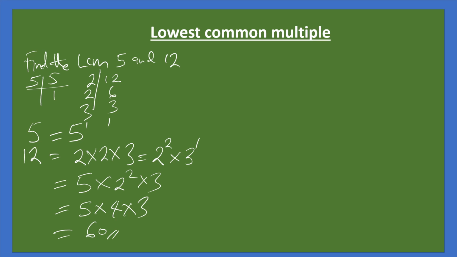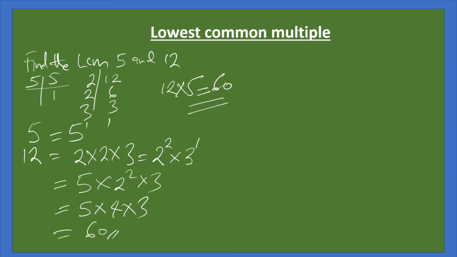And if you look at the product, 12 times 5 is equal to 60. Now, what does this tell you? That because they don't have a common prime factor, their LCM is going to be their product.